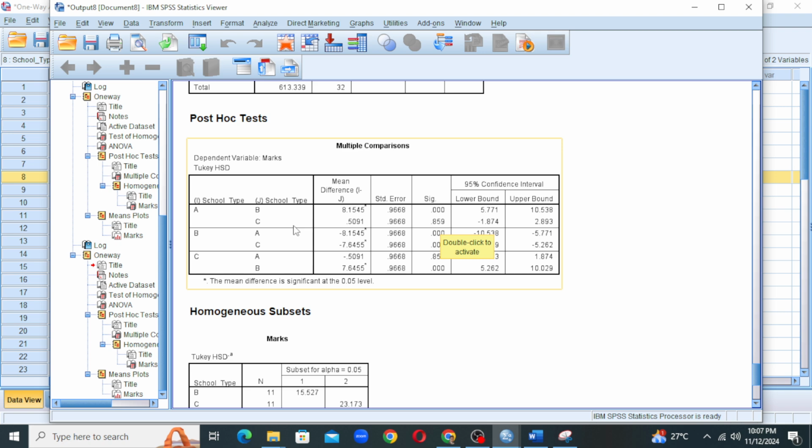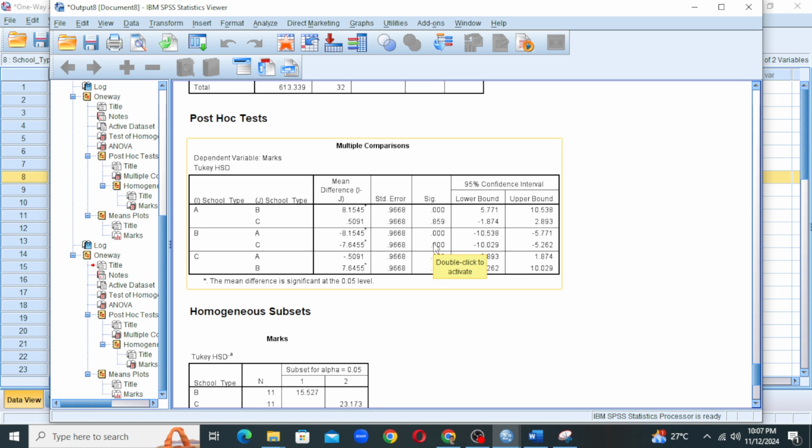The final thing, now we have calculated A and B, A and C, and finally B and C. So when we take B and C, this is significant. That also means their mean English marks are different. That is, B and C school grades' English marks are different.